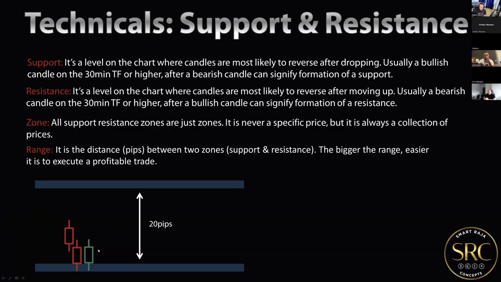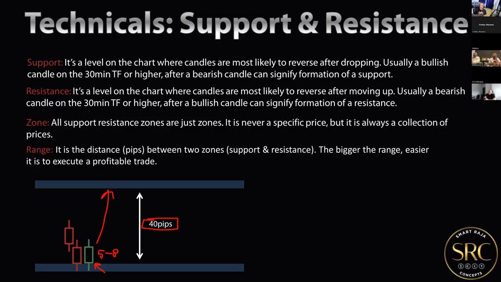This is a bad range to trade, because at the same time this candle is, let's say, 5 to 8 pips. So this is less than a 20 pip range now for price to move up. But if this is a 40 pip range, then it's a very good range to trade. So your range has to be good too.